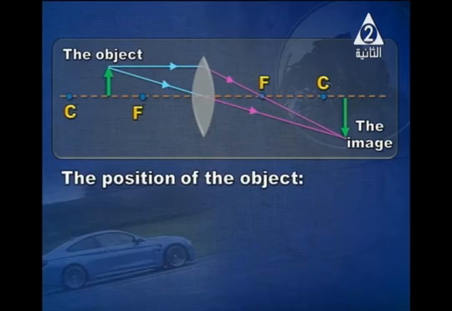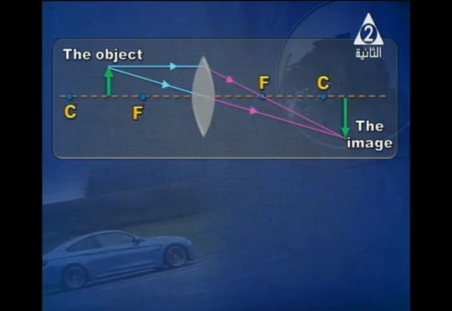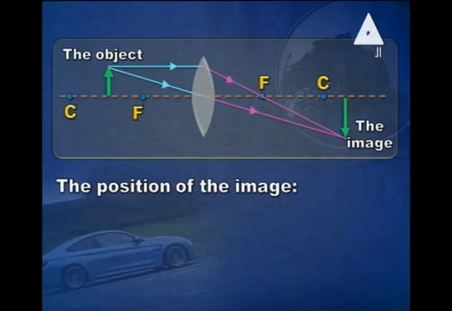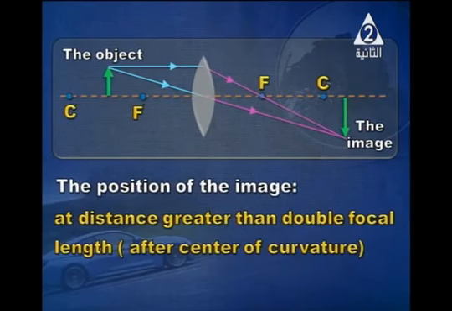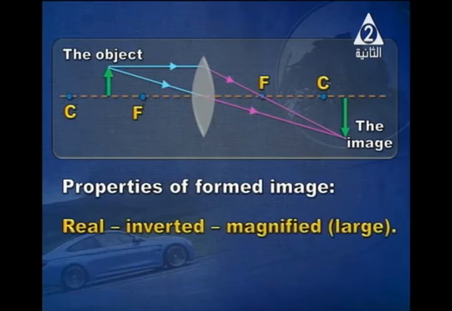The position of the object is at a distance less than the radius, or less than double the focal length, and greater than the focal length. The position of the image is at a distance greater than the radius of curvature, or greater than double the focal length. What are the properties of this image? This image is real, inverted, and magnified, or large.